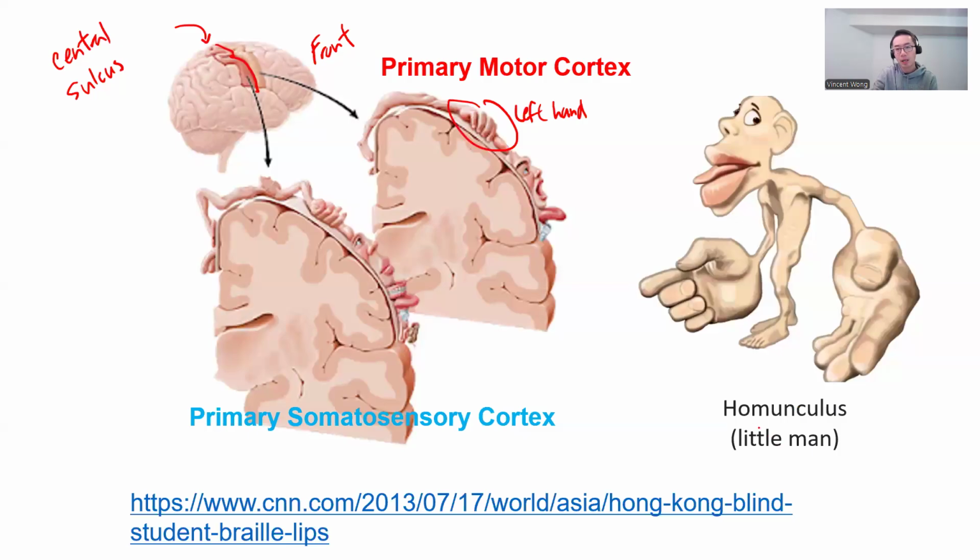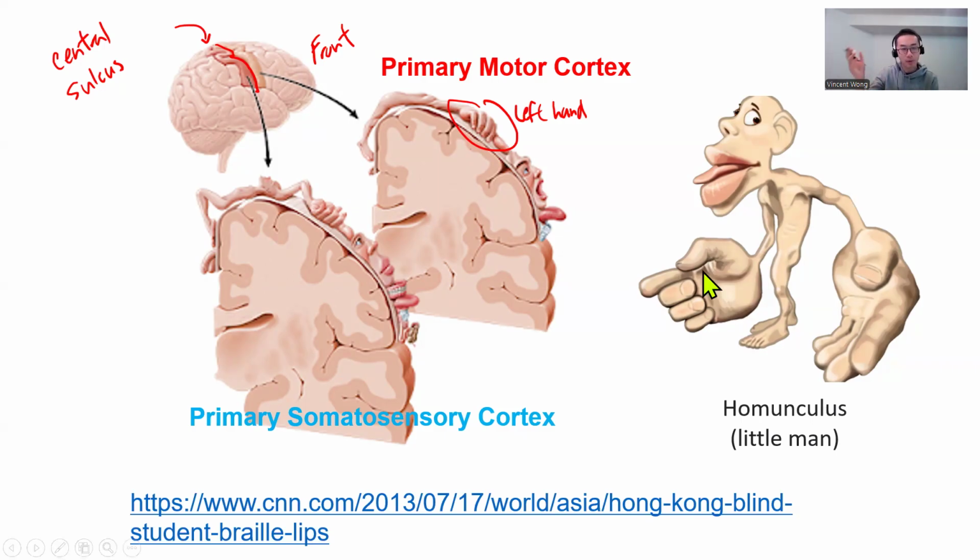It's called the homunculus model, which means little man. So this is what we look like to our brain, and the size of those body parts corresponds to how many neurons are going to and coming from those body parts.